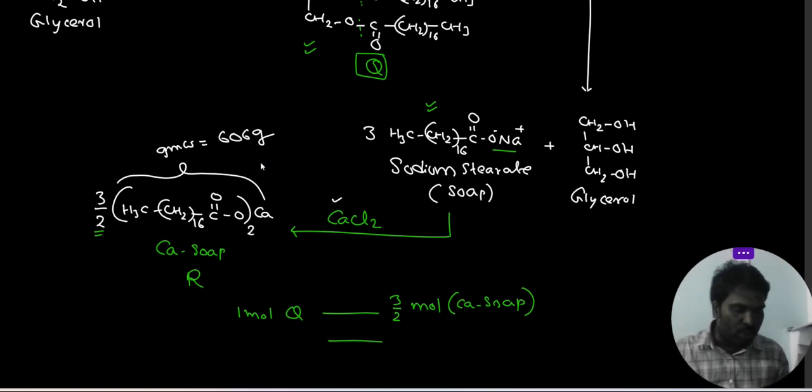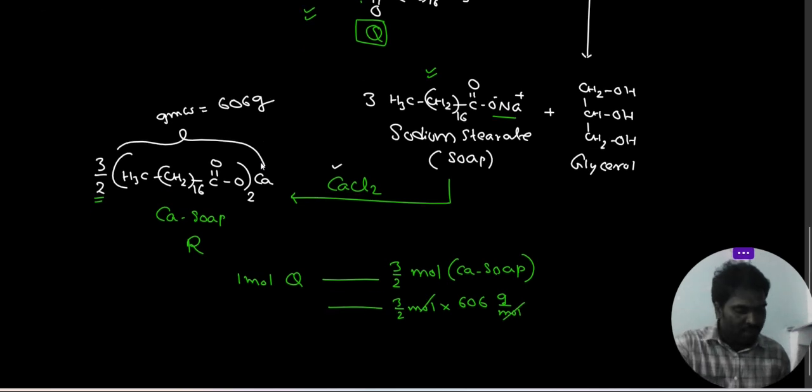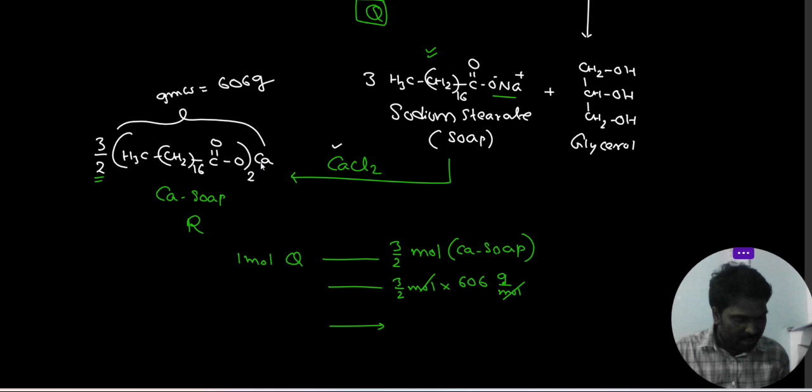Then for 1 mole Q, how much amount is formed in grams? Now 3/2 mole into the gram molecular weight of this calcium soap, 606 grams per mole. Now you can simplify: 2 cancels into 606, giving 303.